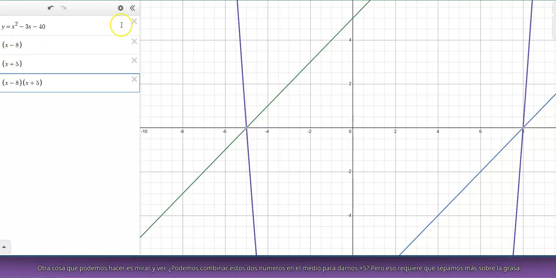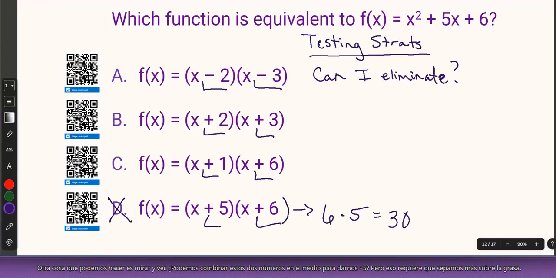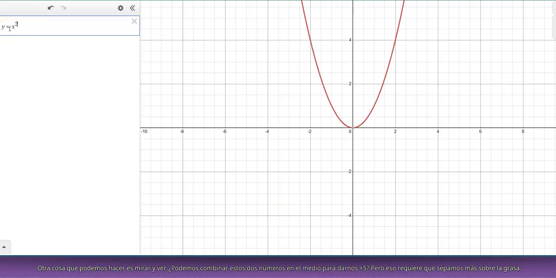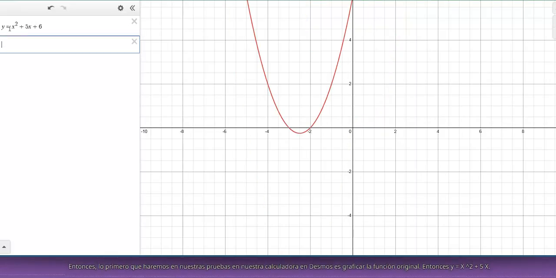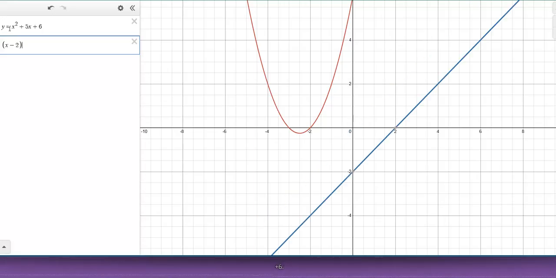So the first thing we're going to do on our calculator in Desmos is graph the original function. So y equals x squared plus 5x plus 6. And then we're going to graph the answer choices.